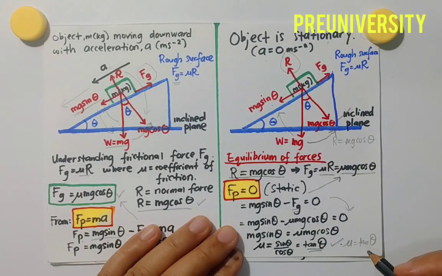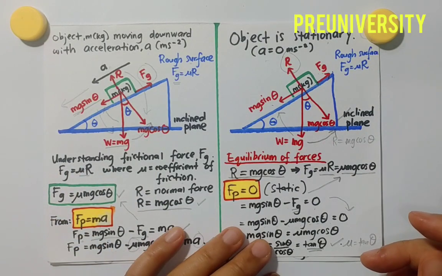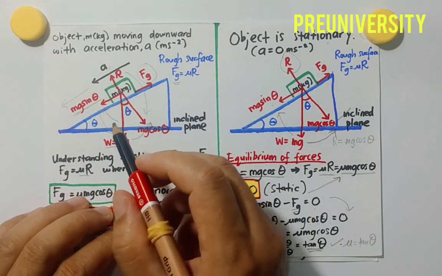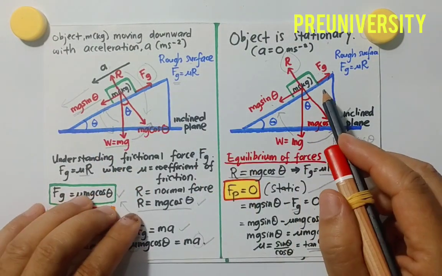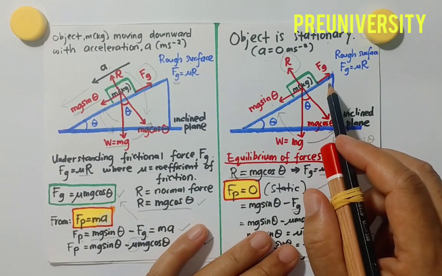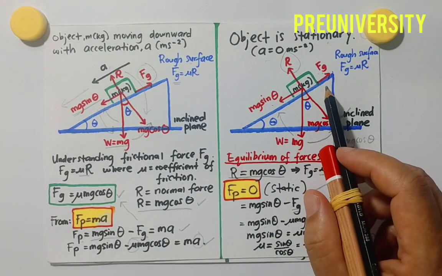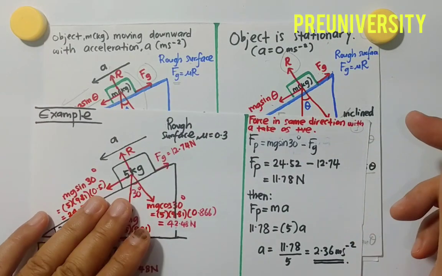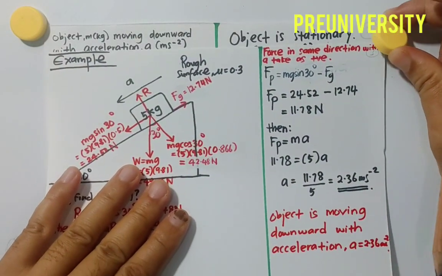Okay, so actually this is a comparison between the moving object on the inclined plane and the object stationary on the inclined plane. So I give you an example.